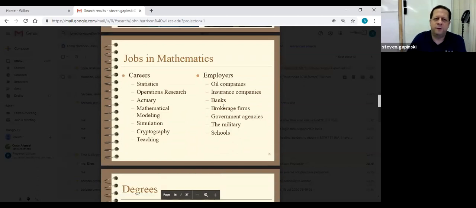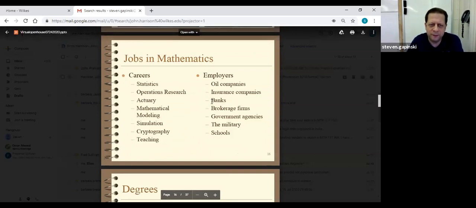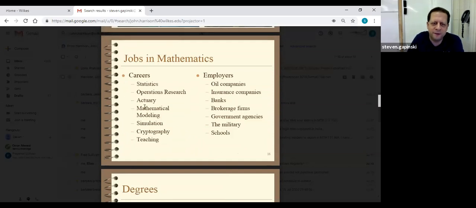And so, if we go back to talk about some of the jobs in math, and some of these we had mentioned, anything that involves number crunching is pretty hot. Of course, that would be your statistics, operations research, the actuarial positions, modeling, simulation, cryptography, and of course we put teaching on the list.